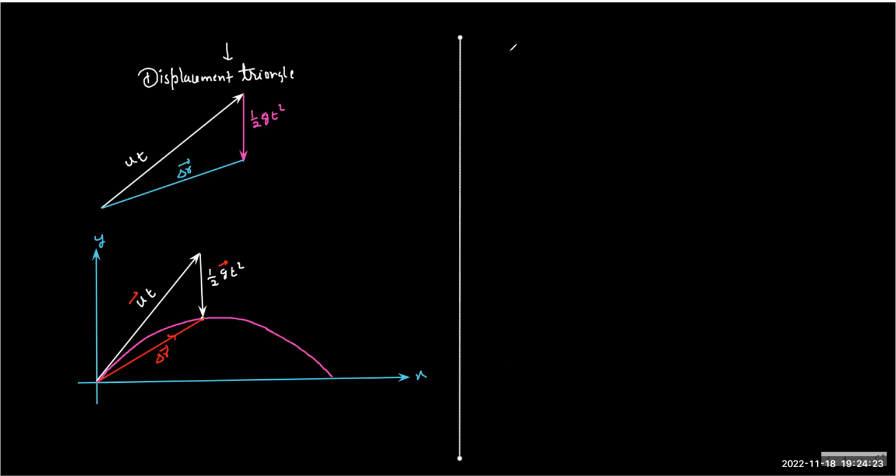Okay, the third equation. The last is v square equals u square plus 2as, right? This is the third canonical equation. So how to write here? You have to write it component wise, and this is x minus x naught.